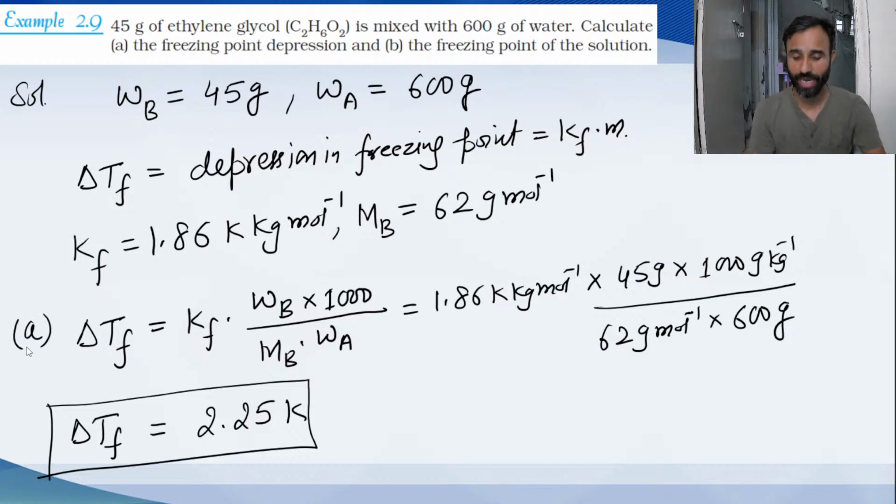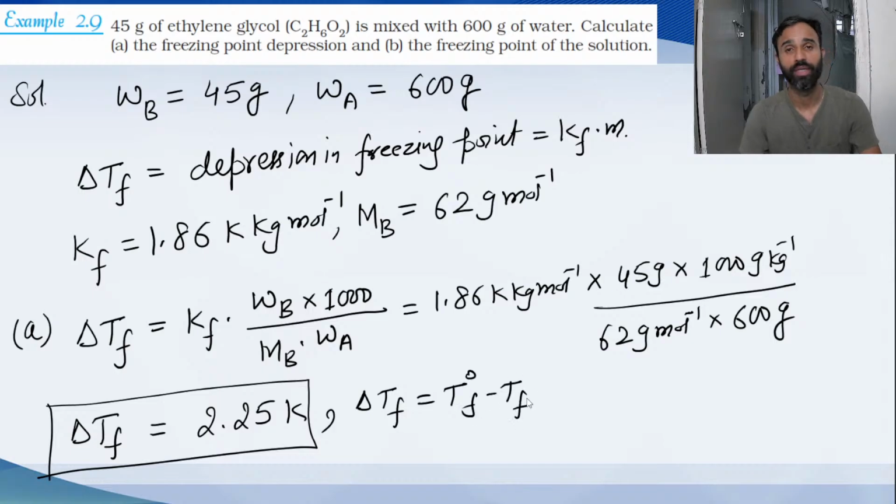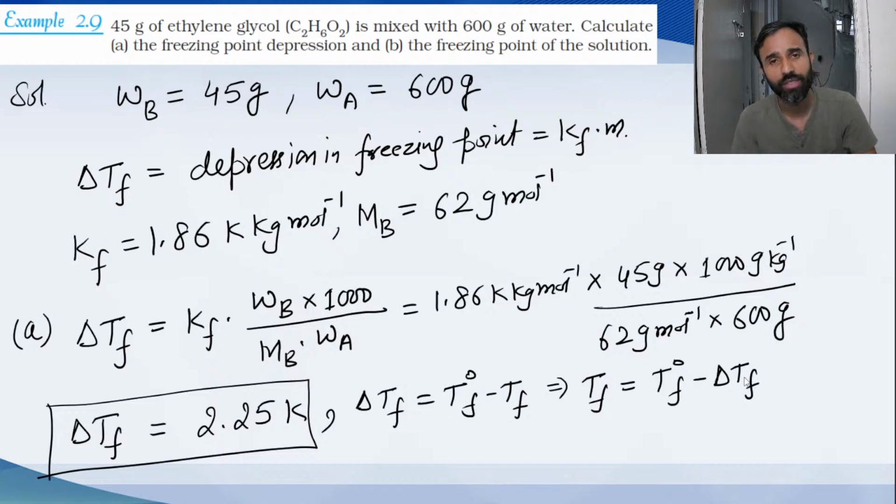Now to calculate the second part, delta TF equal to T naught F minus TF, the depression in freezing point. So TF is equal to T naught F minus delta TF. So what is the freezing point of water? Obviously 0 degrees Celsius, and 273.15 Kelvin.